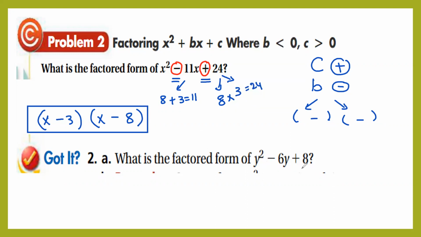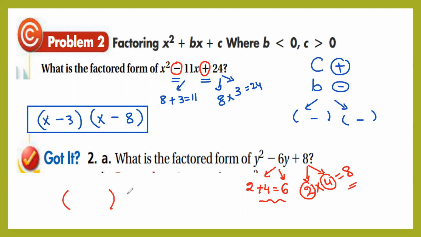Now let's take another example. Two numbers that, if I multiply them, give me 8, which is 2 times 4. And here it is 6. So 2 plus 4, yes, it is 6. So yes, I can use the factors 4 and 2.